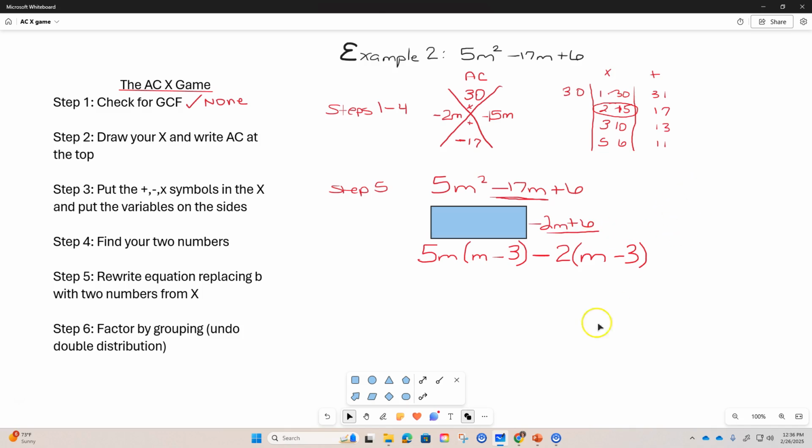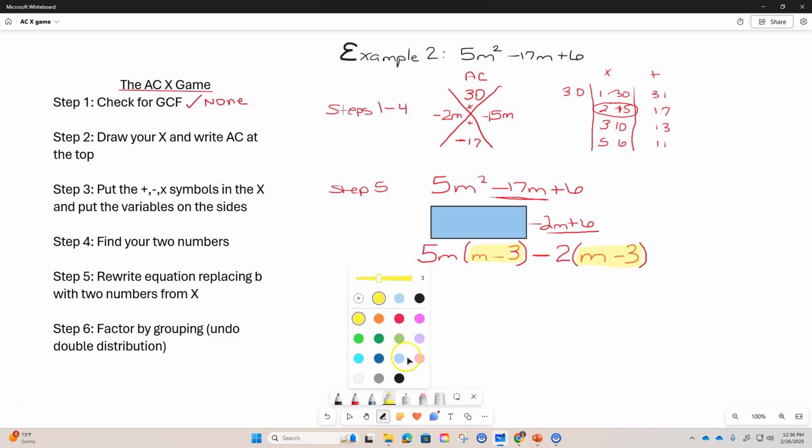Now, it's important that you see that these two terms right here were the exact same term. That means this one and this one was that first factor that I separated so I could do double distribution.